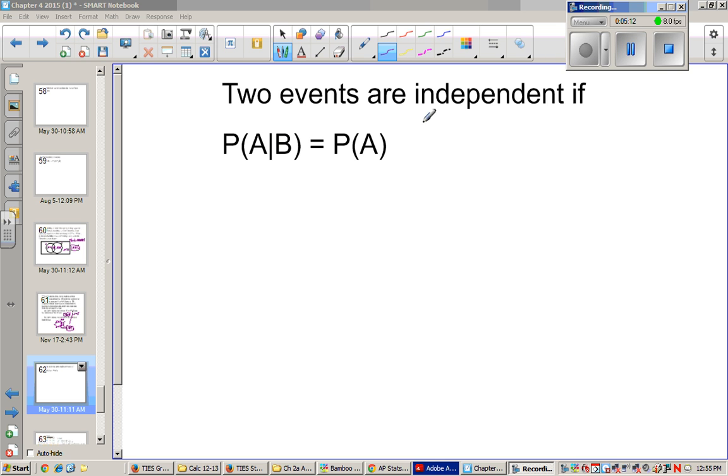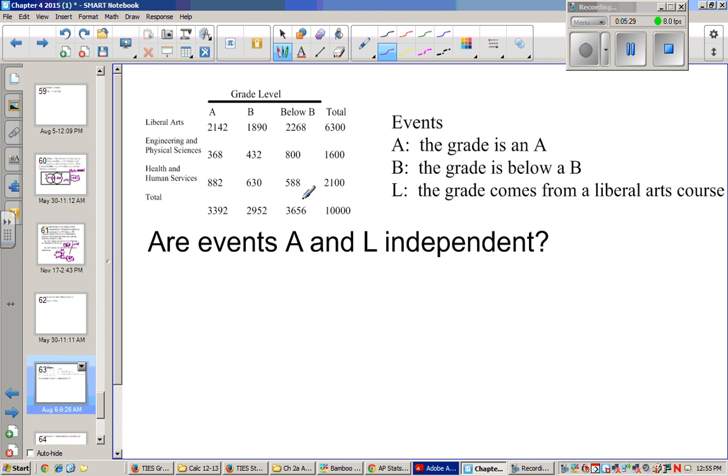Now there's another rule about independence if we're doing conditional things, and we talked about this previously in one of the first lectures. If the probability of A given B is equal to the probability of A, that's another way to show independence. So in this case, if we want to find if A and L are independent, so the probability they get an A or the grade comes from a liberal arts course, there's two methods.